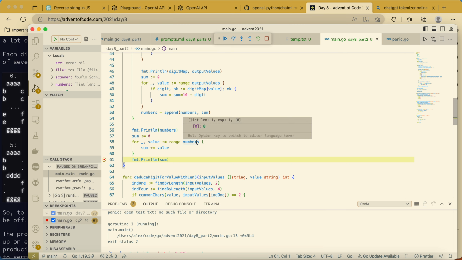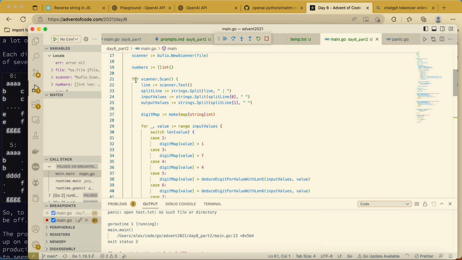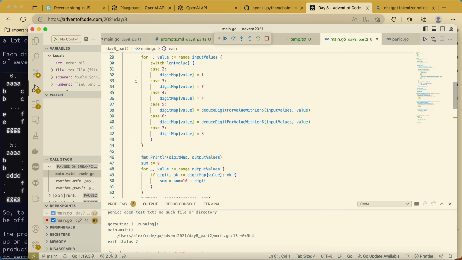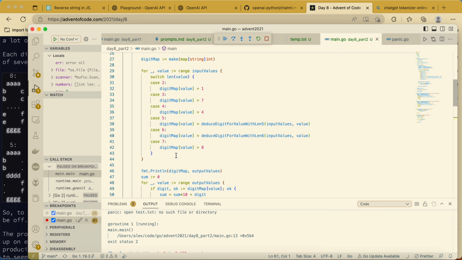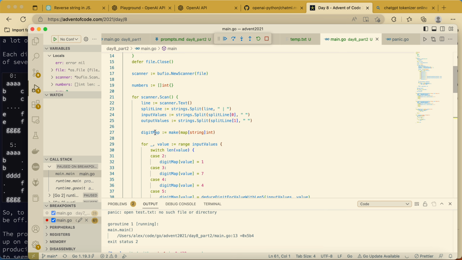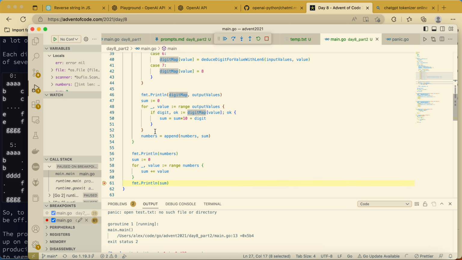It's 0, y 0. Have only zeros. Why would I have only zeros? What's my digital map? Numbers.